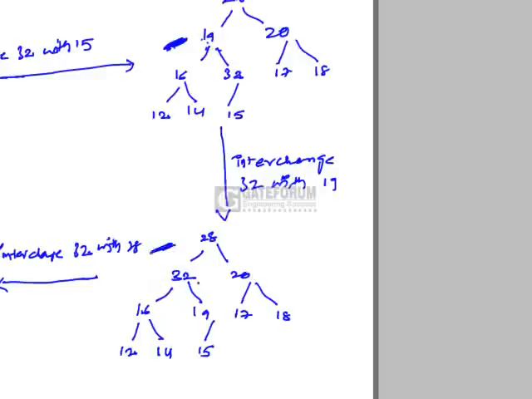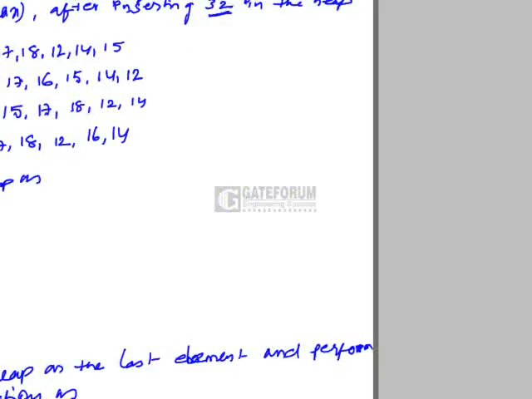And here we have to interchange 32 and 28 in order to get the max heap. So this would be the max heap after performing heapify operations when we insert element 32, and the array representation for this heap is given as option A. So here option A is the correct option.